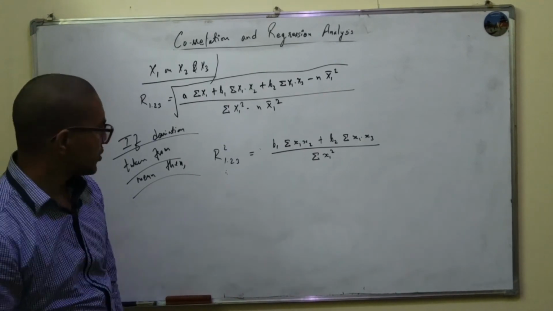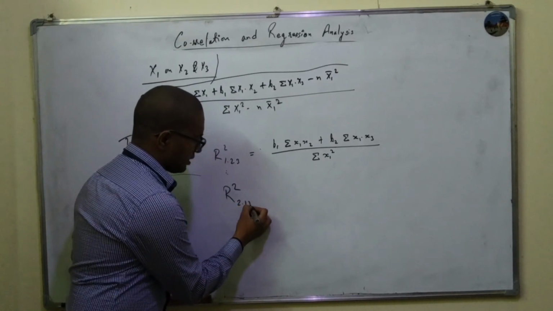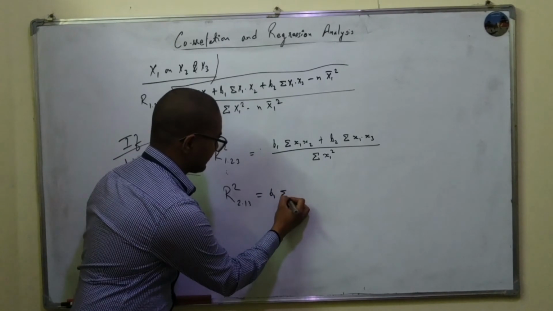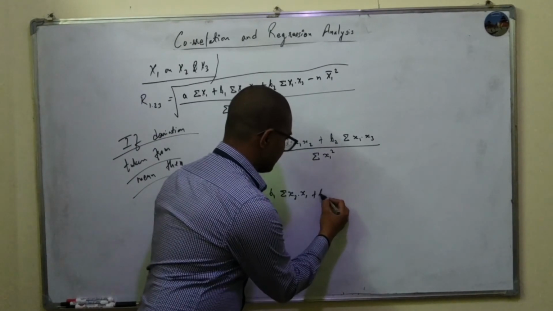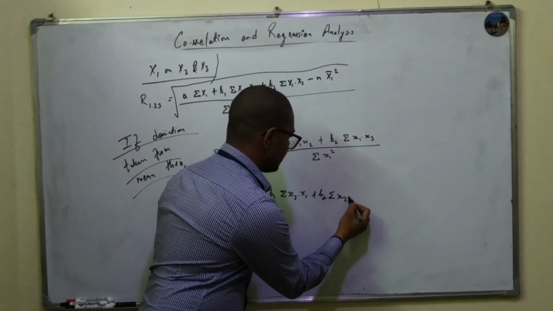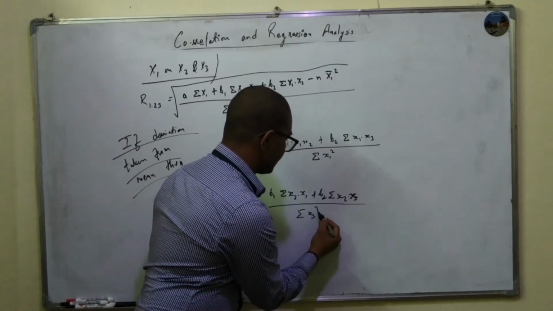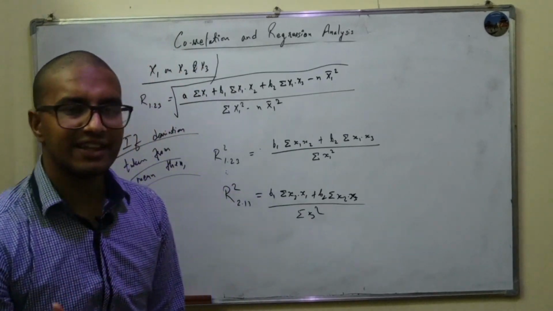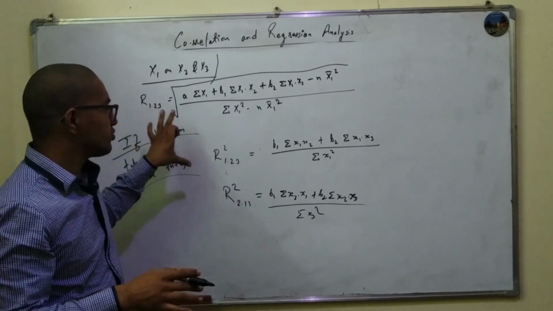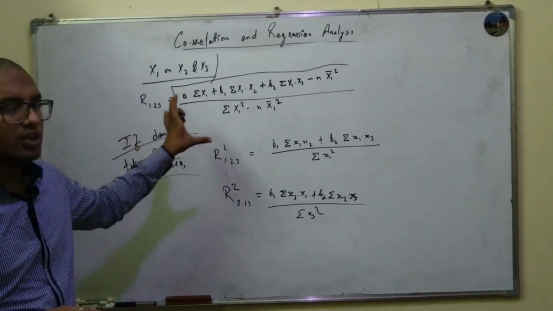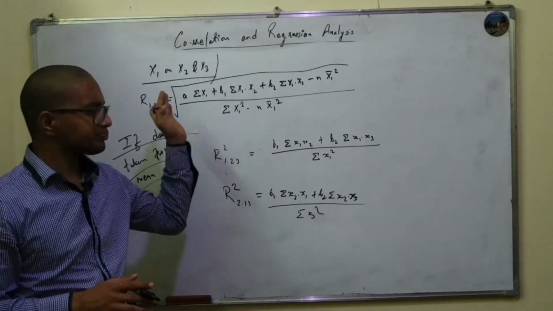If it is a bit different, say r2.13, it will be b1 summation x2 x1 plus b2 summation x2 x3, divided by summation x2 square. Just replacing the values only. It is pretty similar, the same thing. All we need to be careful about is whether it has been taken from the mean or directly, and based on that we calculate our coefficient.